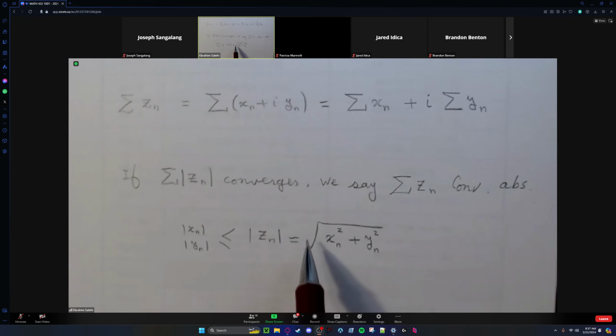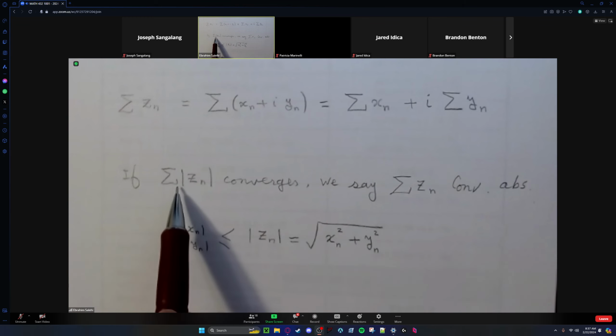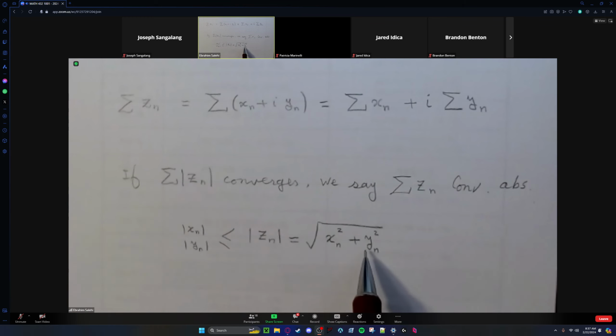If the series of the modulus converges, then by the comparison test, these two series will converge absolutely.